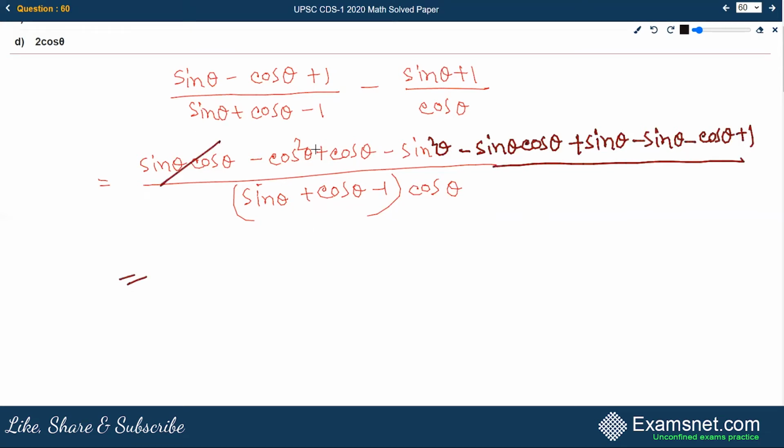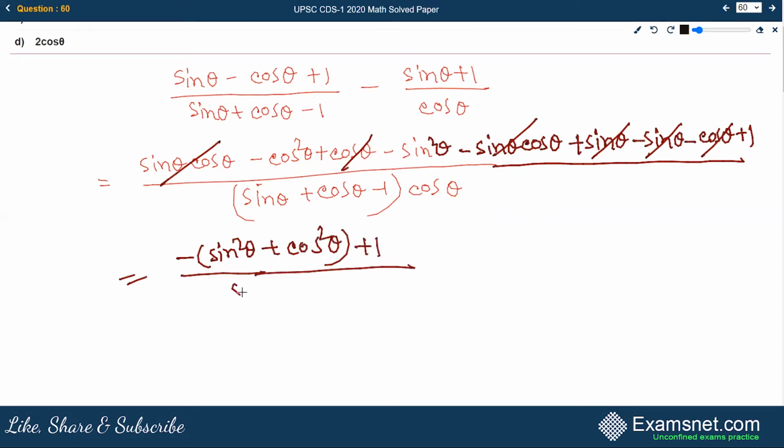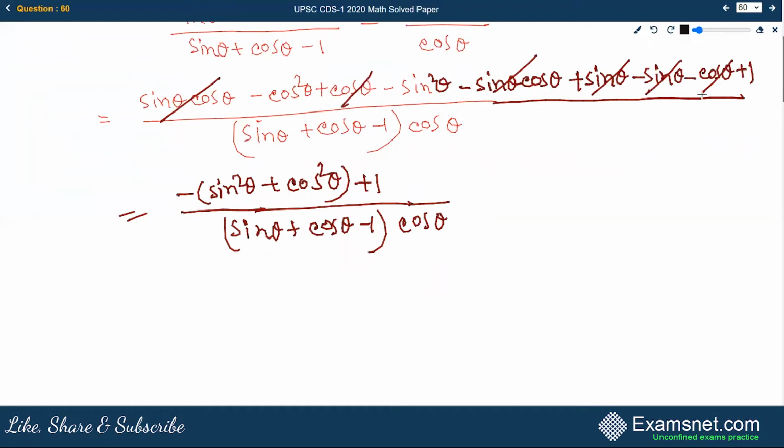Now we can see sin theta cos theta will get cancelled. Plus cos theta minus cos theta will get cancelled here. And sin theta minus sin theta will get cancelled. If we take common minus, it will become sin squared theta plus cos squared theta plus 1 by sin theta plus cos theta minus 1, that is cos theta.